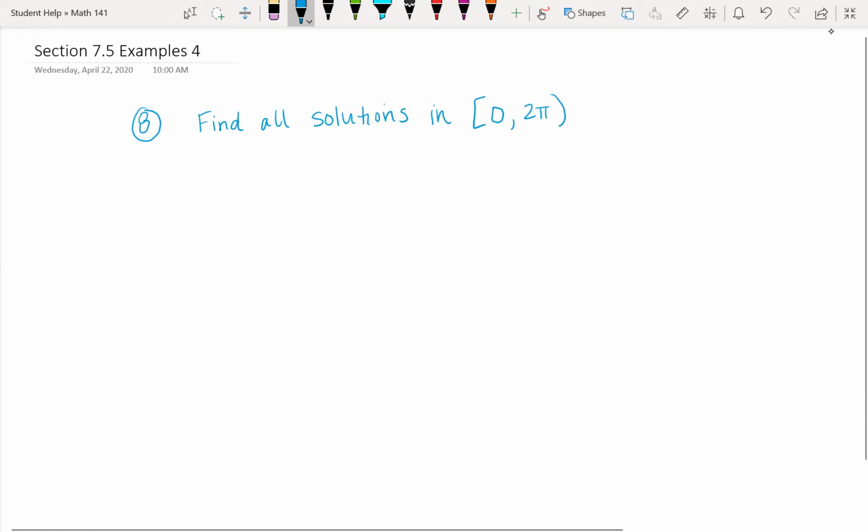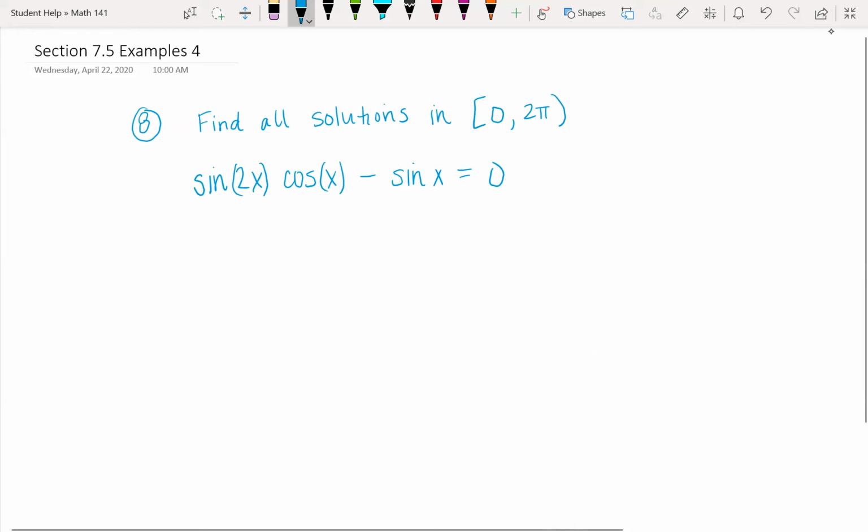I'm going to switch to do these last few examples just in radians because most of the time in calculus you use radians and not degrees. Sine of 2x times cosine of x minus the sine of x equals 0.